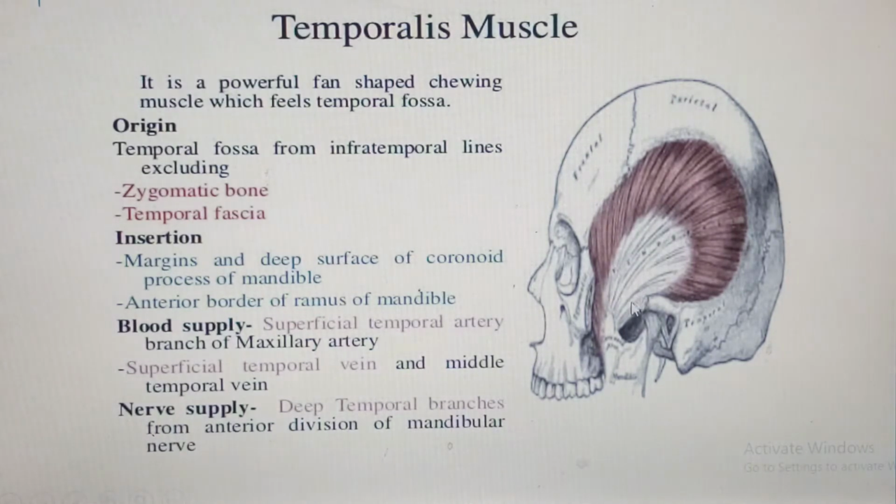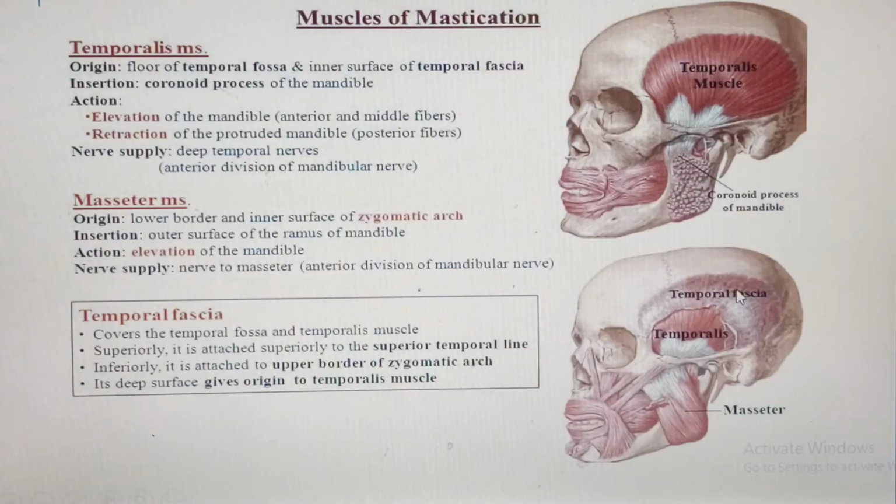But look at how the posterior fibers are oriented. The posterior fibers will be very important as far as retraction is concerned, bringing the mandible posteriorly. So please get to know that that is what we call the temporalis muscle.